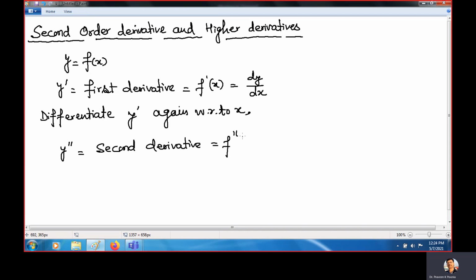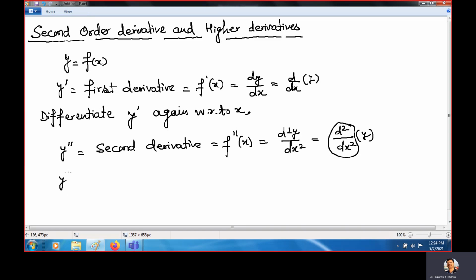Or you can call it f double dash x, or you can call it d2y by dx power 2. So this d2 upon dx2 is the second derivative, like d by dx of y is the first derivative. And if we write the 3, then it is called the third derivative.